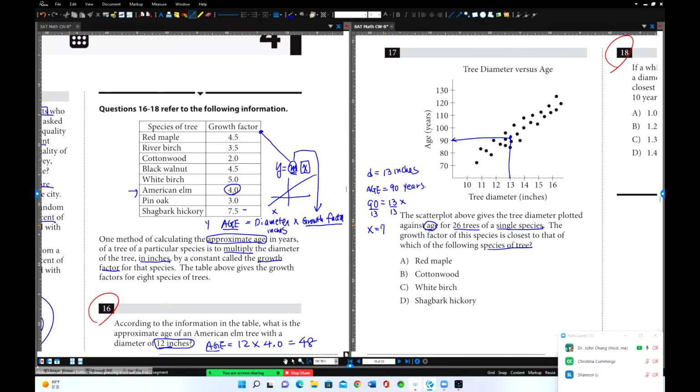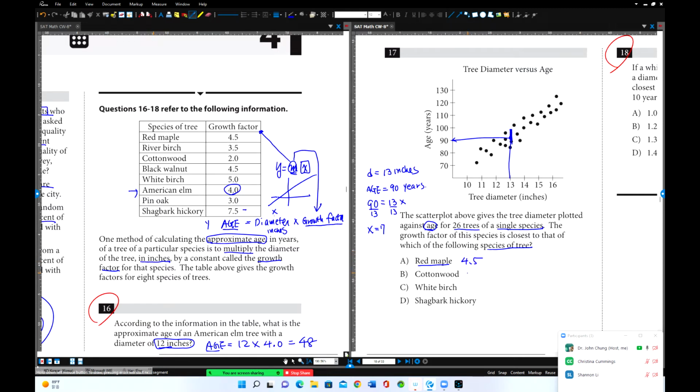Let me see. You have to find the best answer. You can choose within a little range over here, but just find the best answer. Red, 4.5, that is too low.